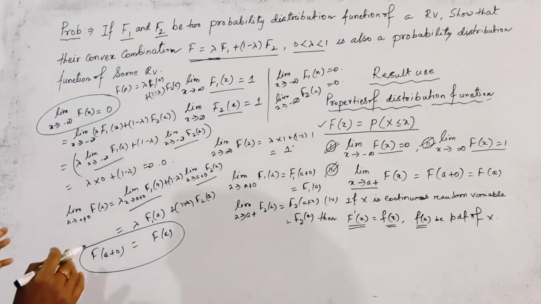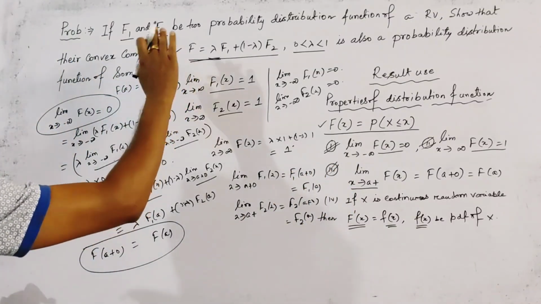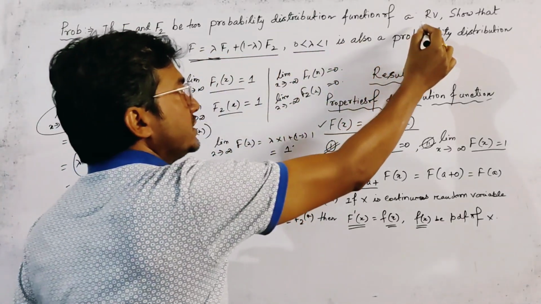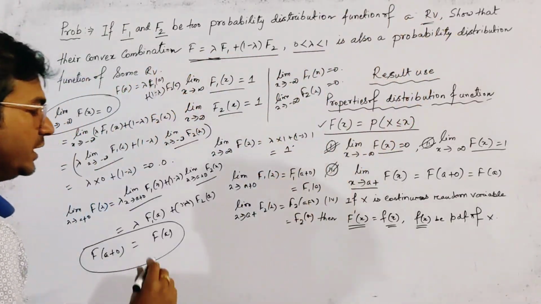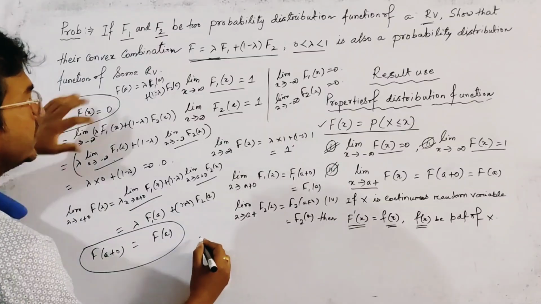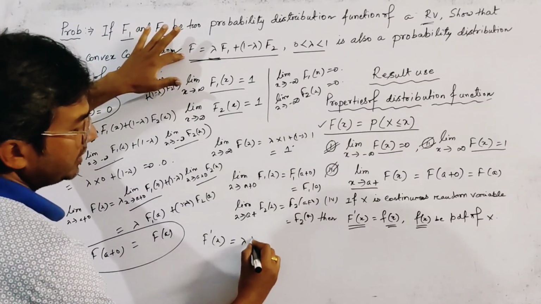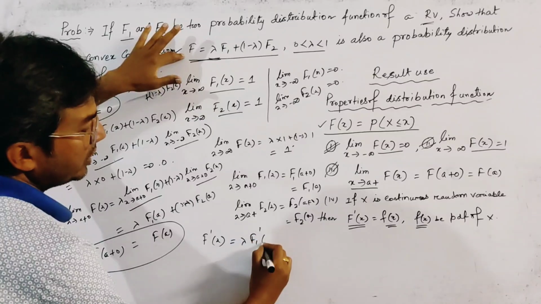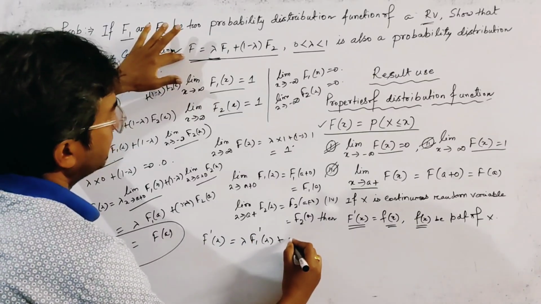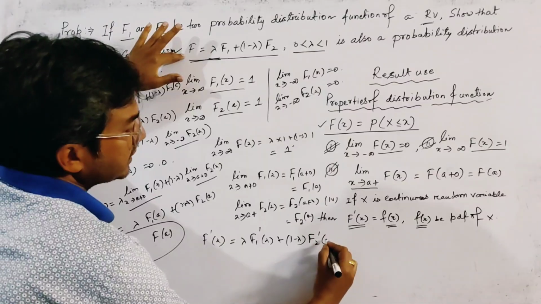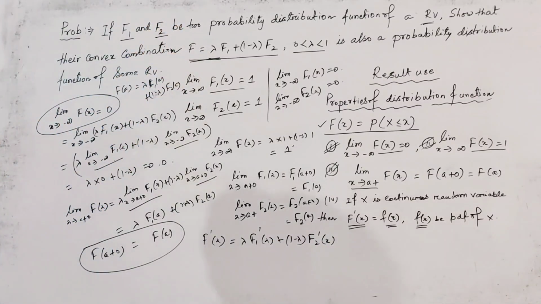Also, if the random variable is continuous and we differentiate, we get F'(x) equal to lambda F1'(x) plus (1 minus lambda) F2'(x).